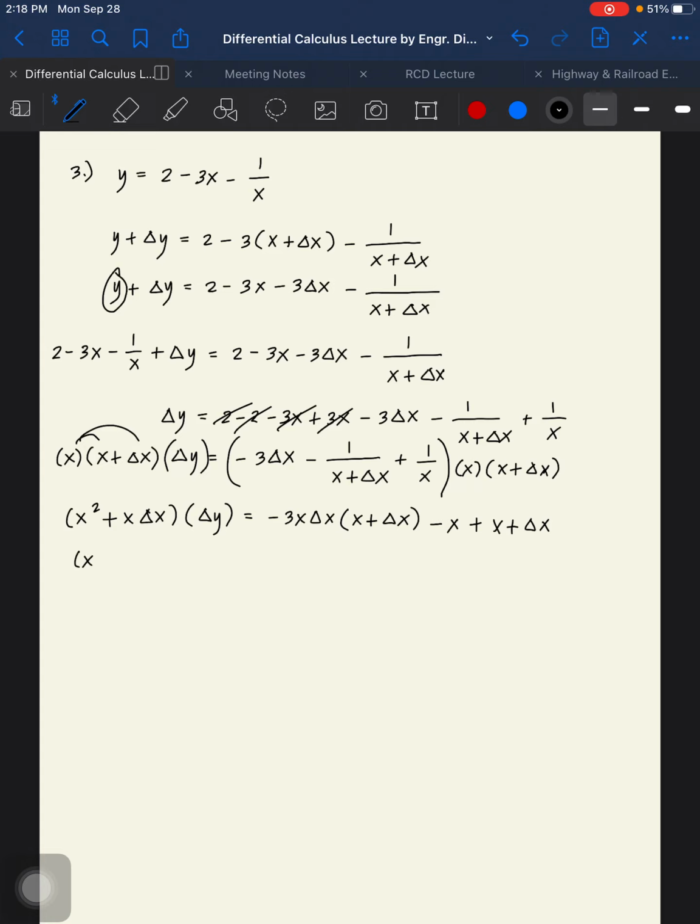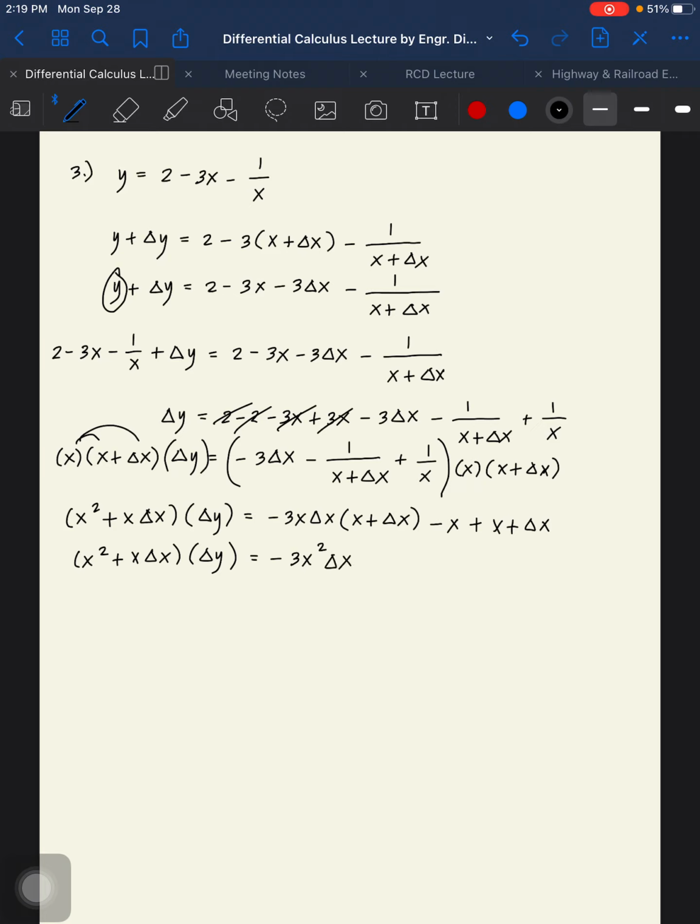Again, let's expand. Plus, this becomes negative 3x squared delta x.